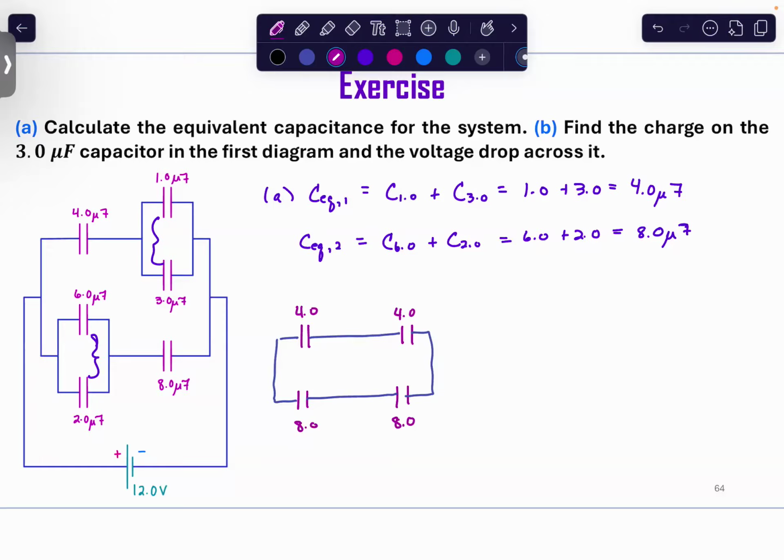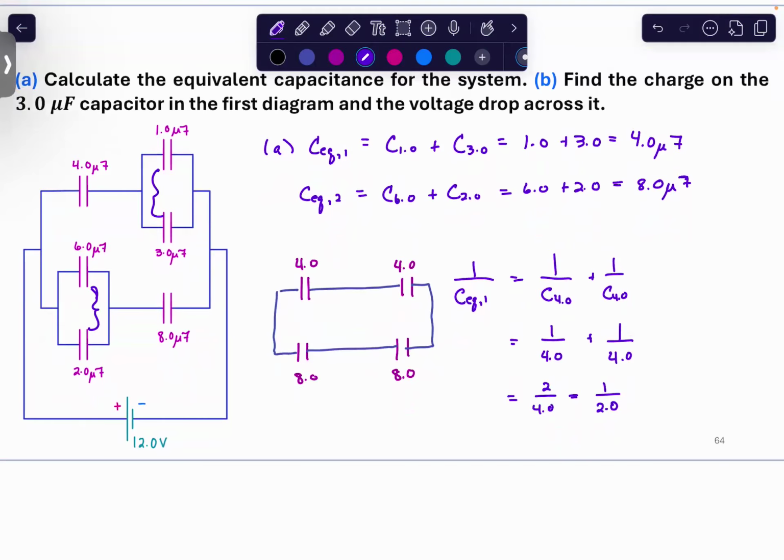Now I need to combine the series on top and the series on bottom. So I'll do top first. If I have this fraction, what does the CEQ end up equaling?